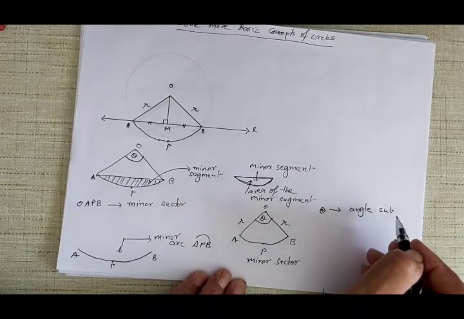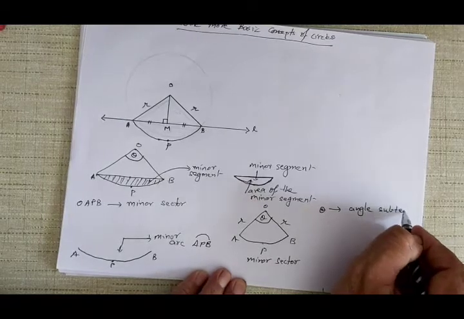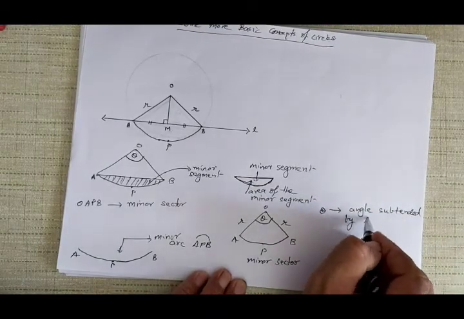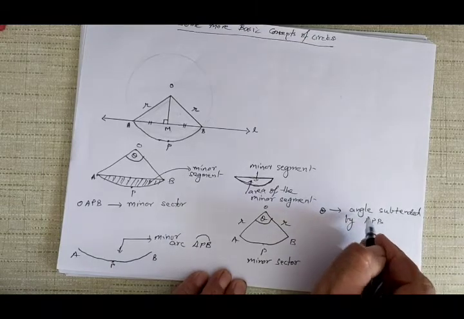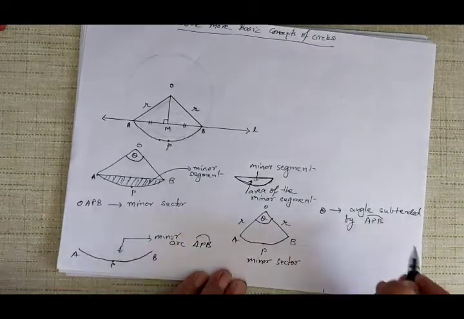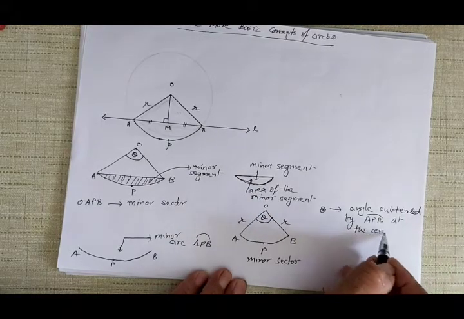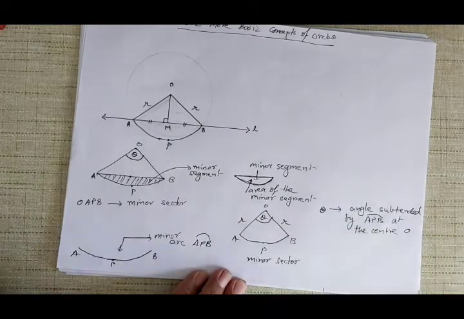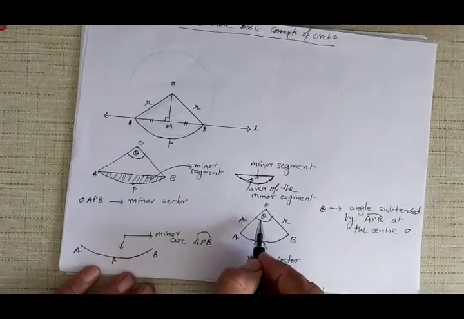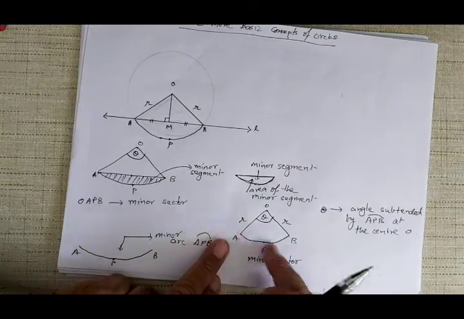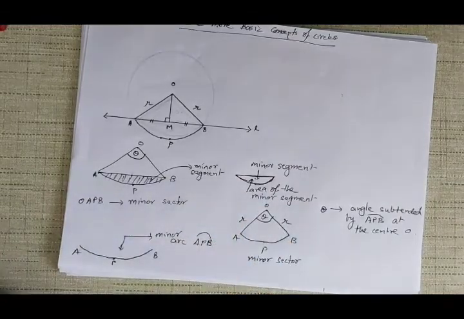The word subtended means made, subtended by minor arc APB at the center O. So theta is the angle subtended, that is made by the minor arc at the center of the circle O.